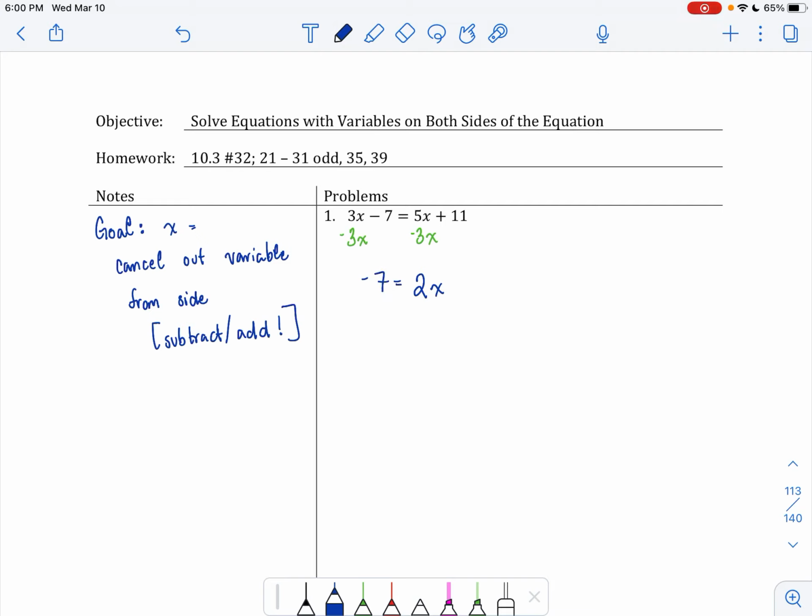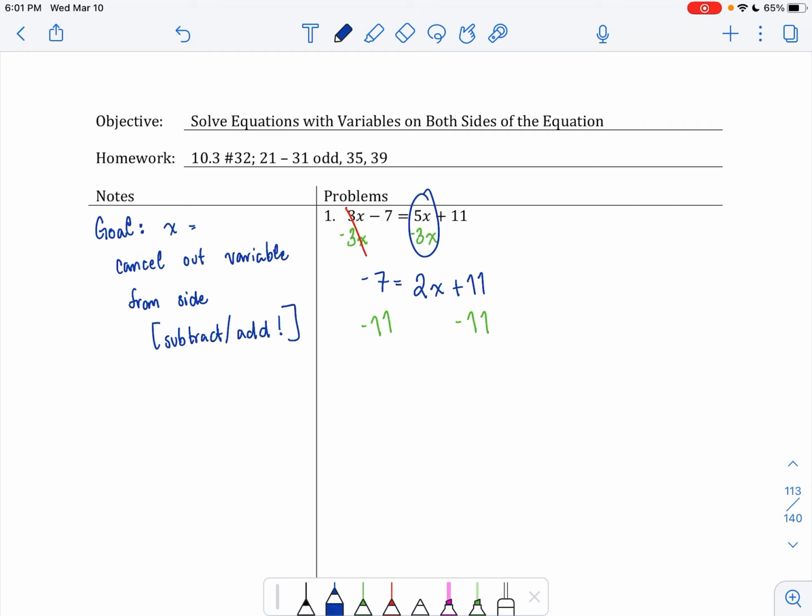It cancels out on the left side, so I'm left with negative 7. And then I still have my plus 11 here because my like terms, 5x minus 3x, go together. From here, we can just solve like normal, which means that I'm going to subtract 11 from both sides. Now we just want to make sure we're practicing with negatives.